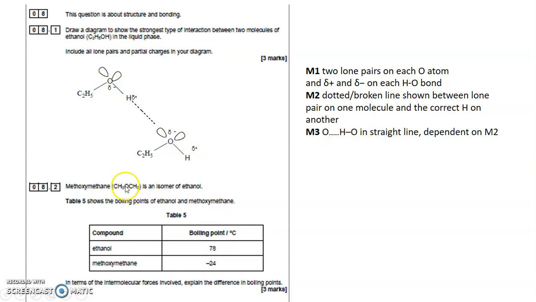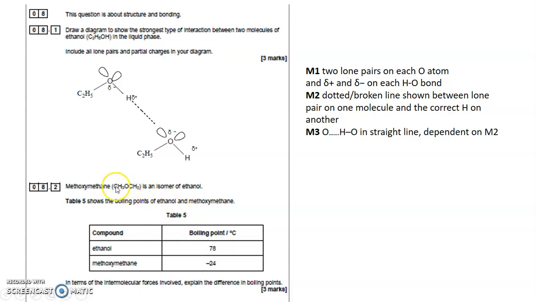Methoxymethane is a methyl group and then an oxygen bonded to another CH3, so it's C with 3 H's and O bonded to a C that's got 3 H's as well, and then I've got ethanol. So in terms of intermolecular forces, explain the difference between the boiling points. Well, you've got very strong hydrogen bonds in ethanol, so you've got an O bonded to an H, so you've got strong hydrogen bonds, therefore strong intermolecular bonds and a high boiling point, whereas methoxymethane has only got dipole-dipole attraction.